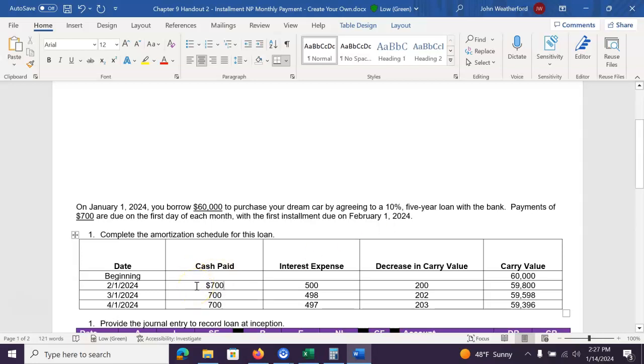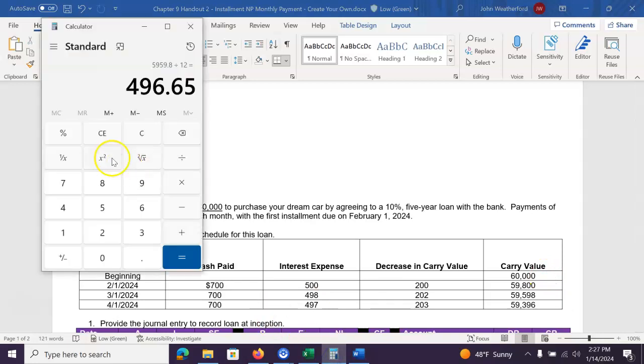In 3 months, you've now paid $2,100 in car payments for this $60,000 vehicle, right? So you're out $2,100, and your loan balance has only decreased by what, 60,000 minus 59,396.